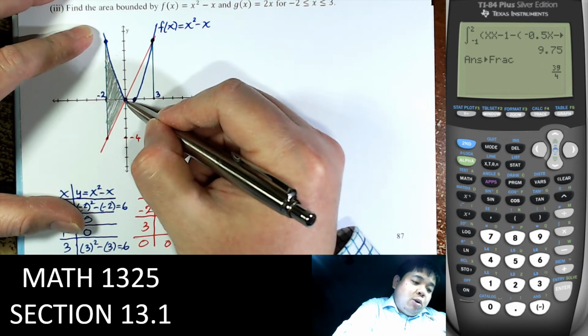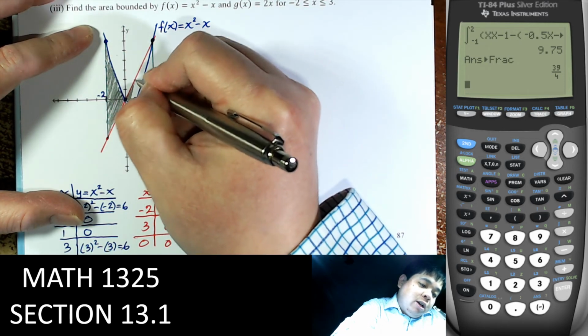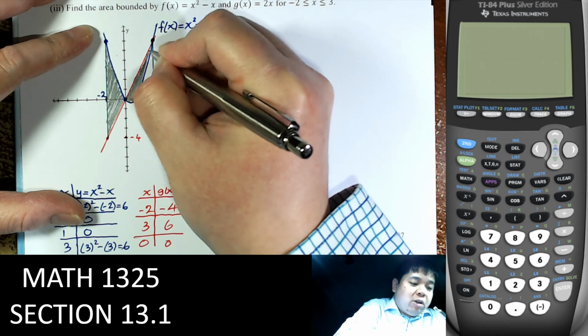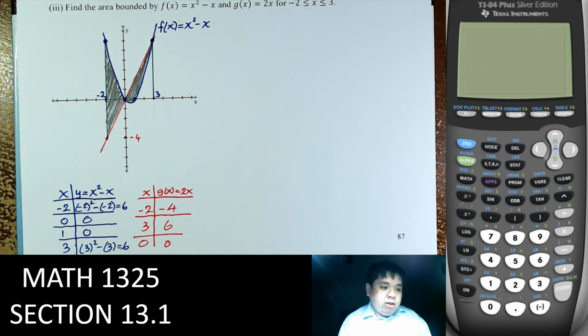And then from 0 to 3, the line is above the curve. So we're talking about this area. It is the area between the two curves. It did not say below what curve or above what curve. So there are 2 parts.